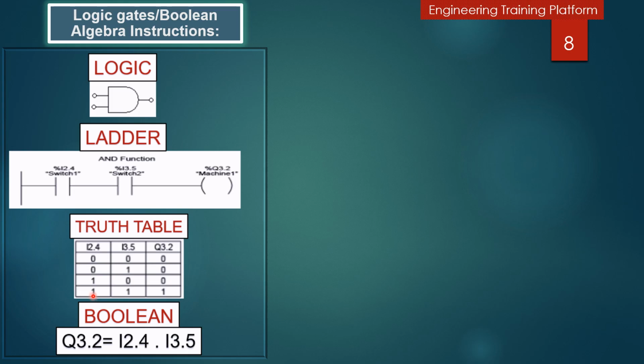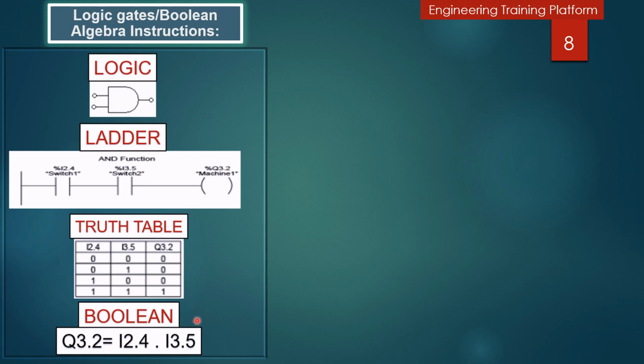Only in one case, when I2.4 is 1, it means it will be normally closed, and I3.5 is 1, it means it's normally closed, then the output result will be 1. In this condition, only in the AND gate the output coil will be executed.